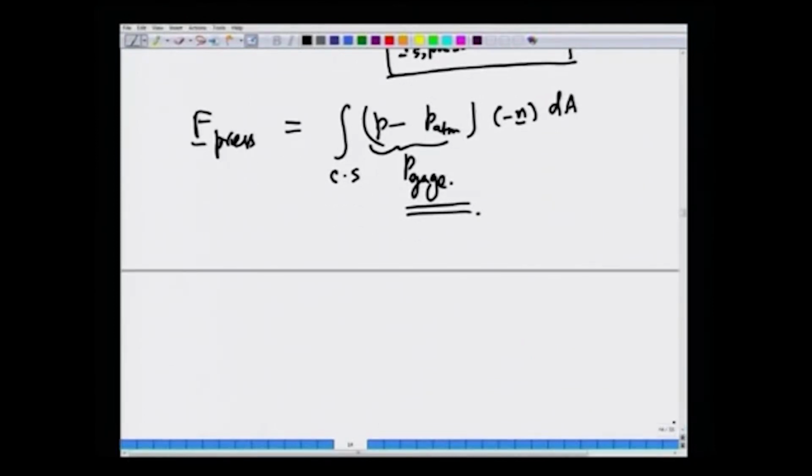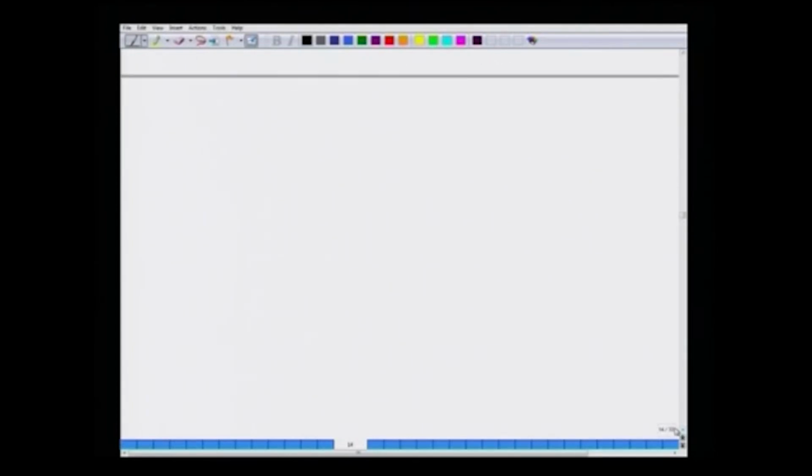Now, let us try to illustrate all of this using a simple example, and the example is the following. Example of integral momentum balance.